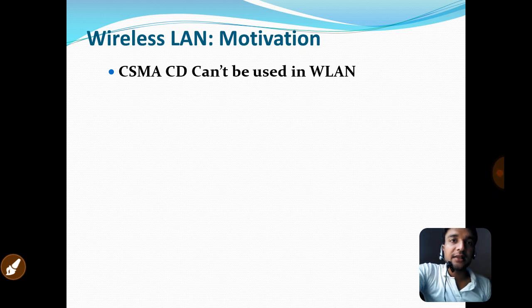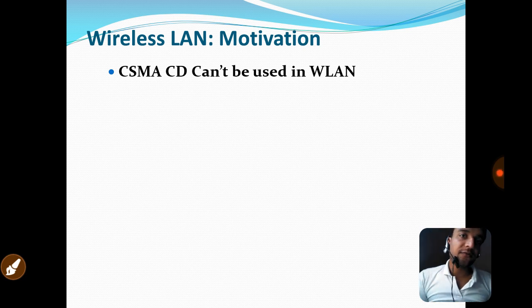Okay, but in wireless LAN we cannot have CD, collision detection. Why? Suppose two computers by chance send the data at the same time in a carrier, then what happens? The collision will happen, and it will bounce back to the nodes from where the data is being sent, and then they will sense that the collision has happened, and they will stop sending the data.